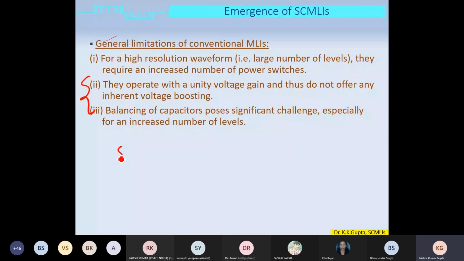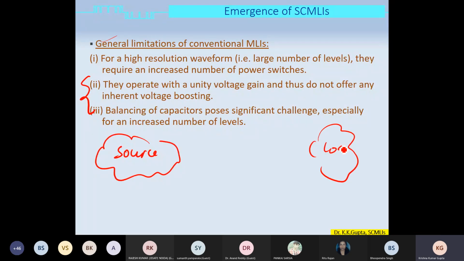What happens is, I have a source here, a renewable energy source, and I have the load here, which may be the grid or a standalone AC load. In between, we do need an inverter because the load is mostly AC. But since this source voltage is very low, we also need a boosting stage here.